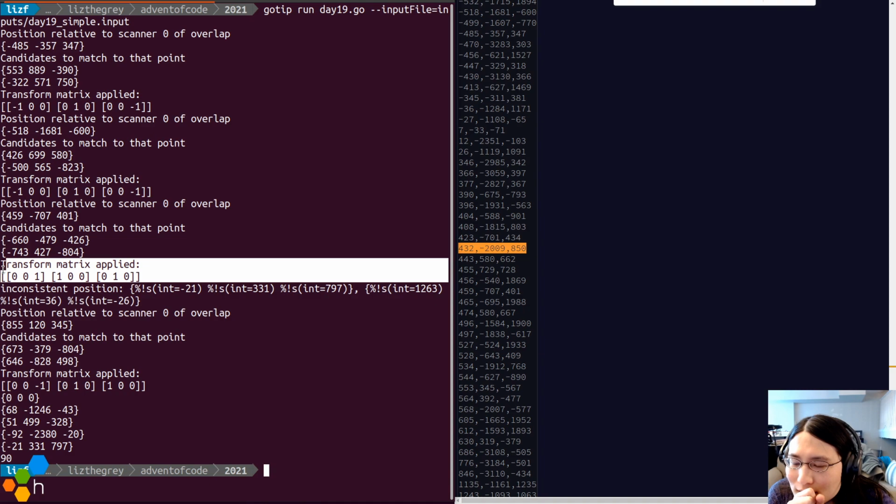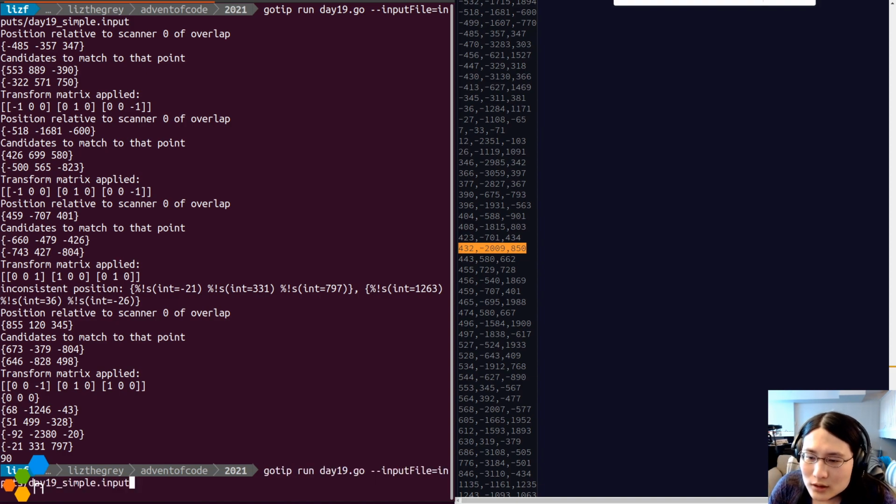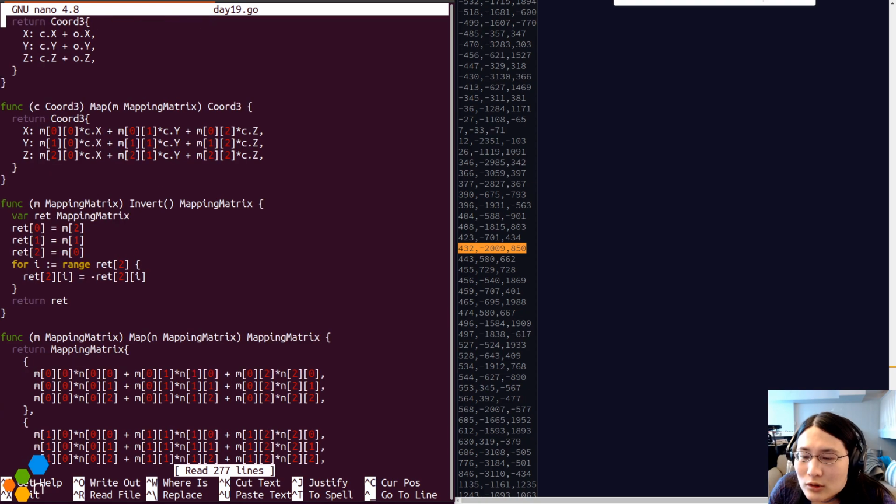Yeah, okay, so I think just this transform matrix is wrong. Yes, the problem that I'm getting wrong is the transform from 0 to 1 and then from 1 to 4. That the transform from 0 to 4 is wrong. That is precisely the problem.